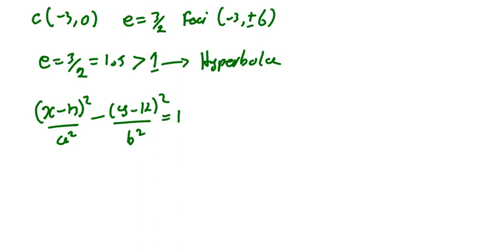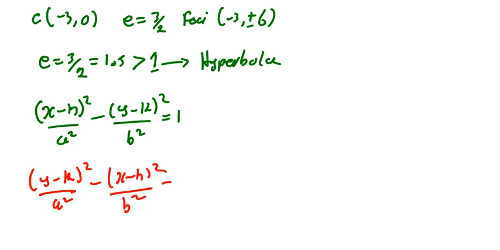There's also another one, that's actually y here: (y minus k) squared divided by a squared minus (x minus h) squared divided by b squared is equal to 1. So just identifying that it is a hyperbola was one step into us winning the battle.